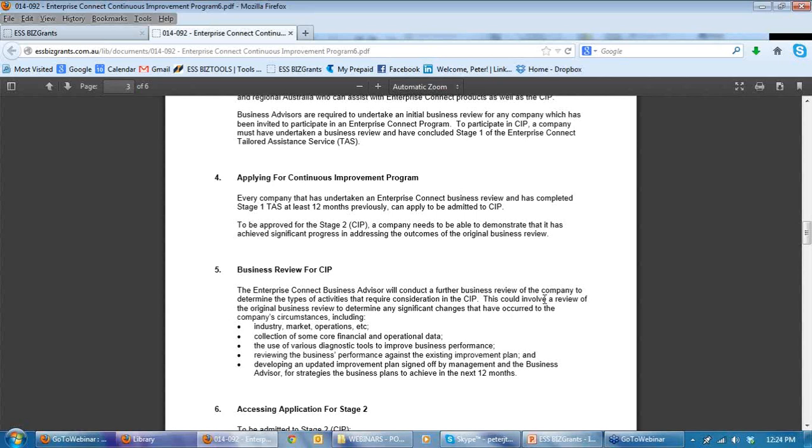So I know that's an area that, especially in manufacturing businesses, Enterprise Connect are keen to get more traction on around Australia. So there's the paper.